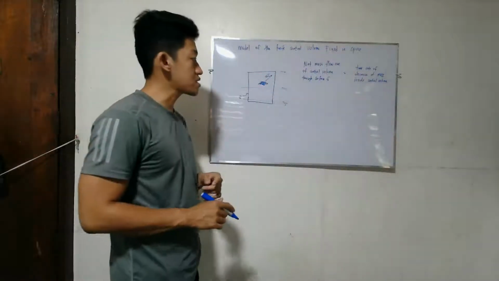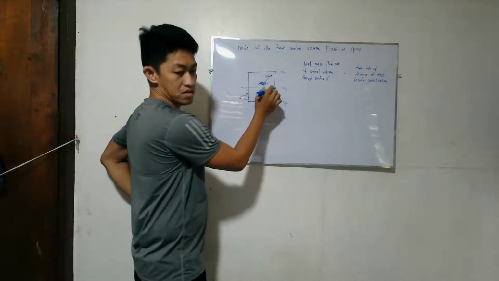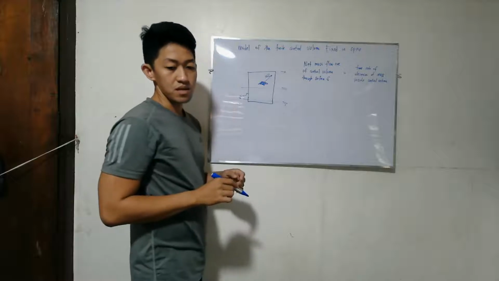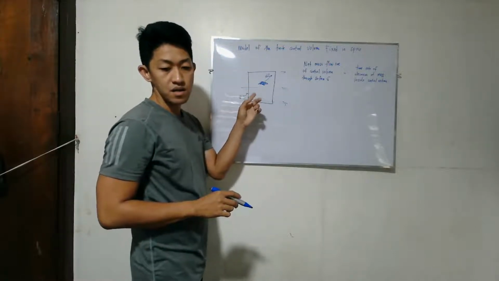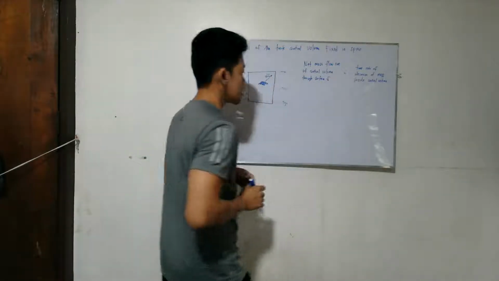Okay? In other words, ang mugawas daw diri sa imo ang flow out, no? Mugawas sa imo ang control volume is just equal sa pilay nawala sa imo ang mass inside the control volume. So, mura na yung buat pasabatan.